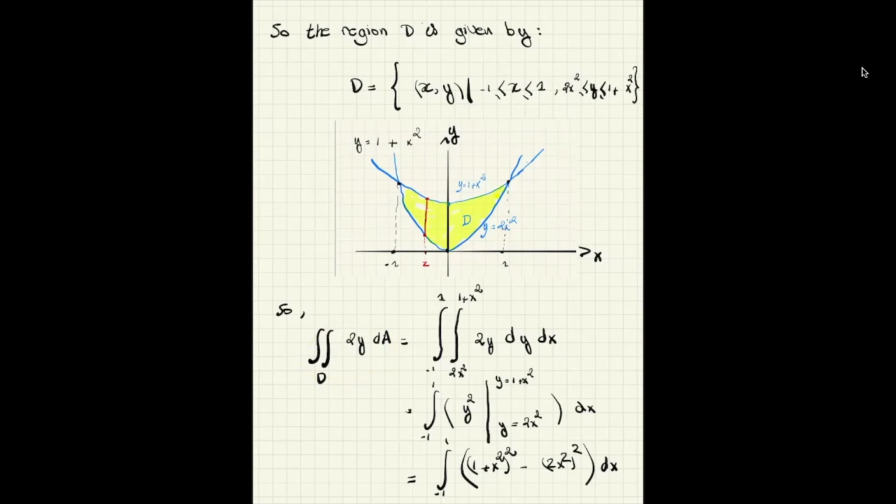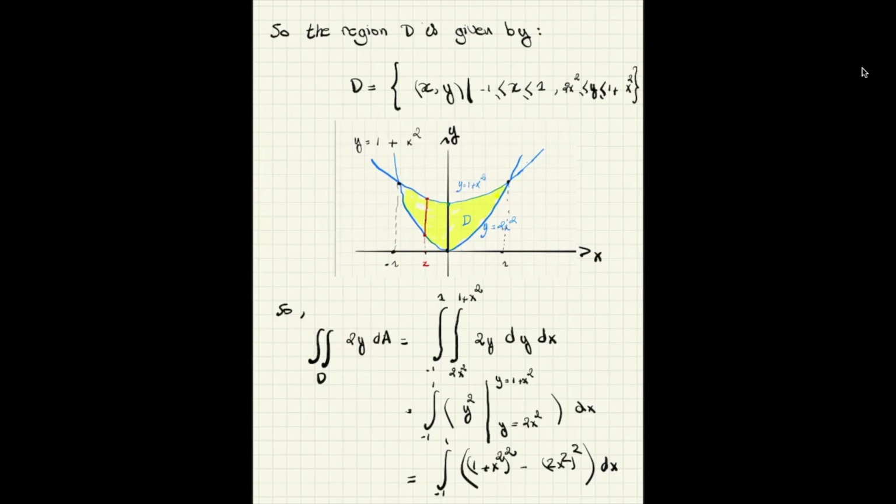And probably you can do it by one single variable, but I don't see how we can do this here. Here we're just asking you to compute this double integral over the region D. So just do it. It's just an example.